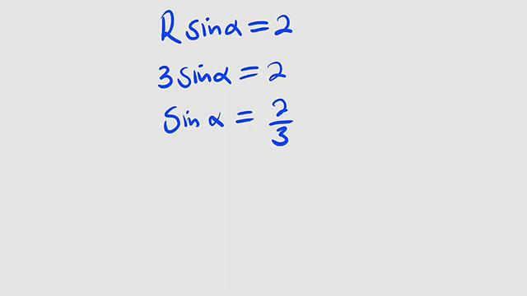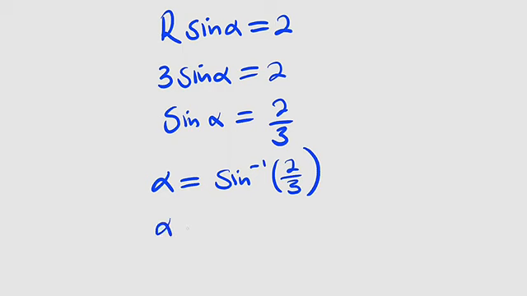So we can take sine inverse of both sides. Alpha is equal to sine inverse of 2 divided by 3, which is approximately 42 degrees.